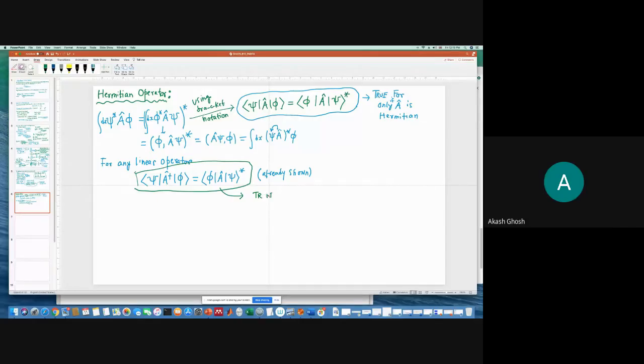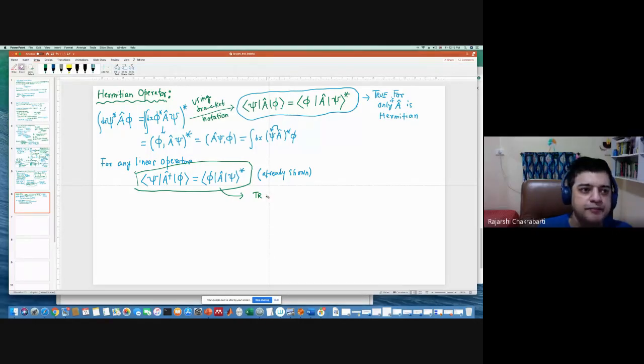Any linear operator. Fine. So I am calling this 1 and this 2.